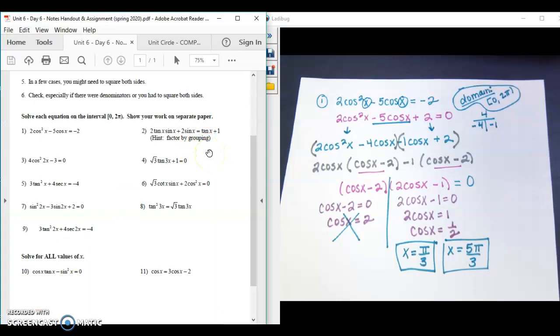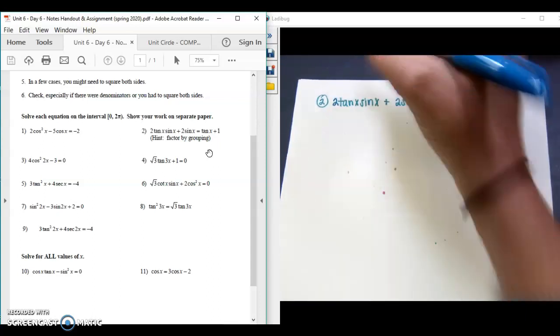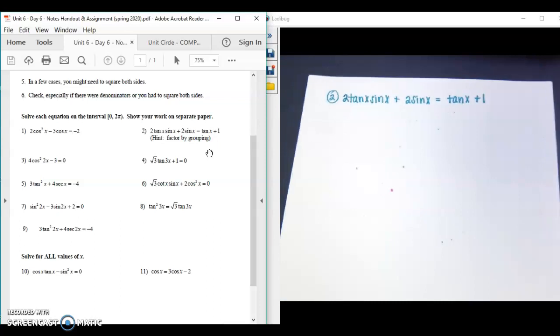Okay, so for your second problem, we have this tangent sine x. There's really two here. So 2 tangent x sine x plus 2 sine x equals tangent x plus 1. And it does give you a hint that says to factor by grouping.